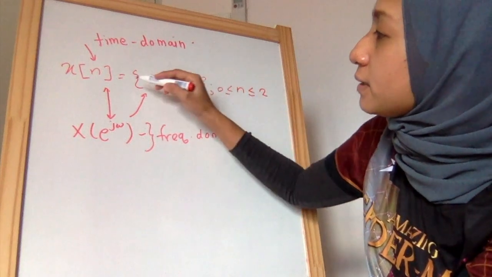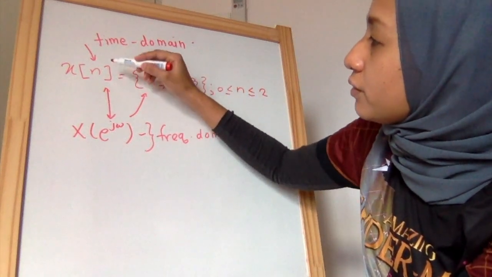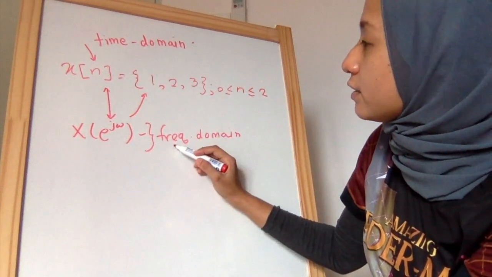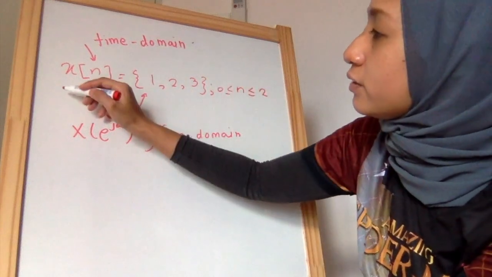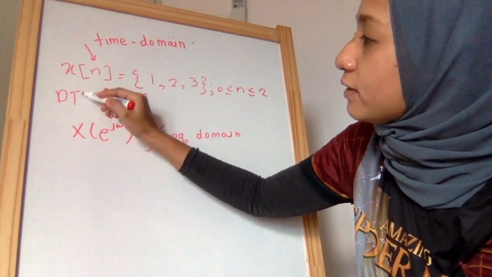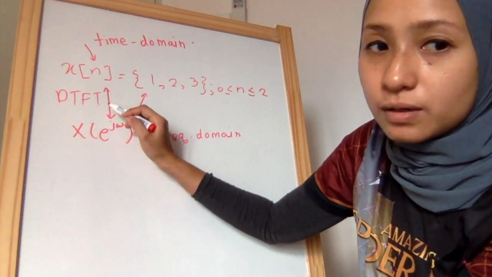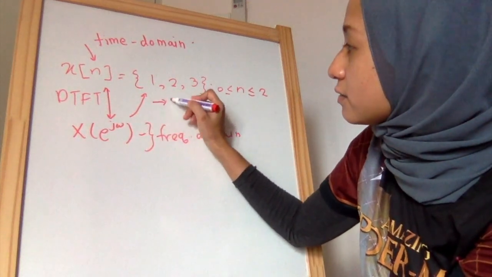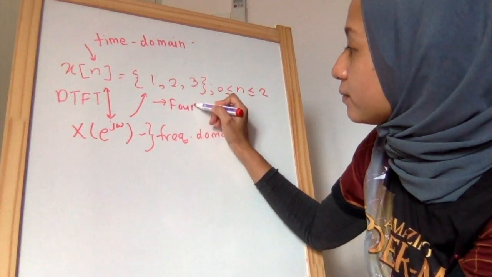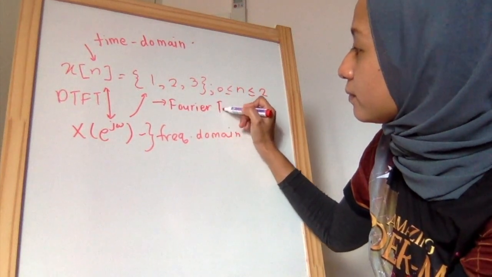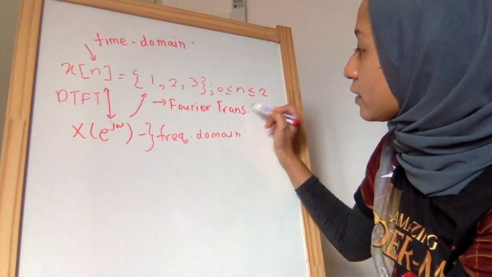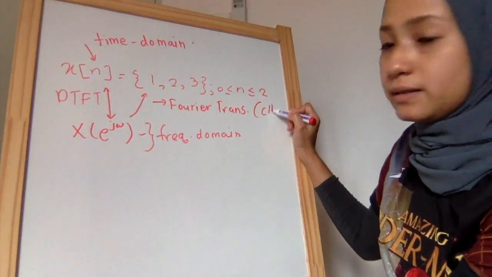In chapter 3, for you to find the frequency domain from the time domain, you need to use DTFT, which means discrete time Fourier transform. So the keyword is Fourier transform. This is from chapter 3.